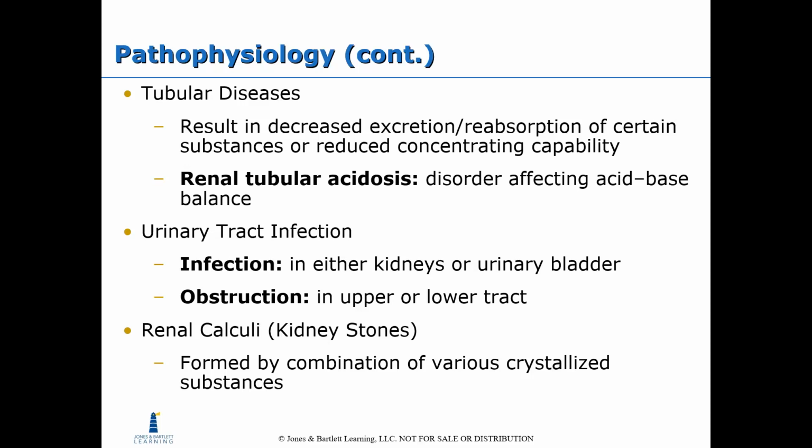There are also tubular diseases, which result in decreased excretion, reabsorption of certain substances, or reduced concentrating capability. Renal tubular acidosis is a disorder that affects the acid-base balance. Other types of tubular diseases include polycystic kidney disease, where multiple cysts can start to appear in the nephron tubules.